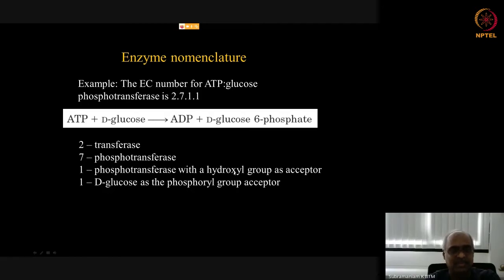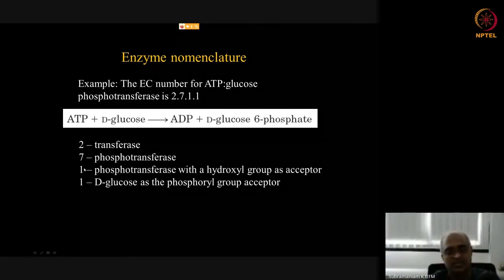And when a phospho group is transferred to a hydroxyl group acceptor, that is subgroup 1 under subgroup 7. So therefore this is 2.7.1. And then which hydroxyl group is the acceptor here? It is D-glucose that is the acceptor, and that is how it gets 2.7.1.1.